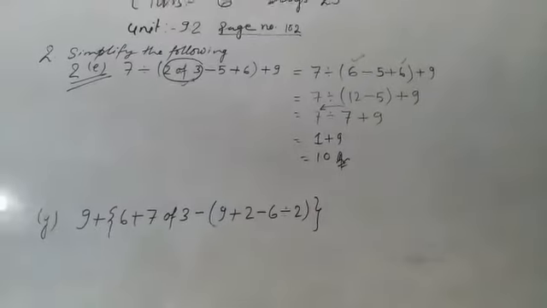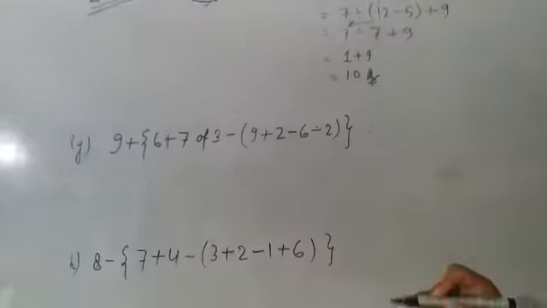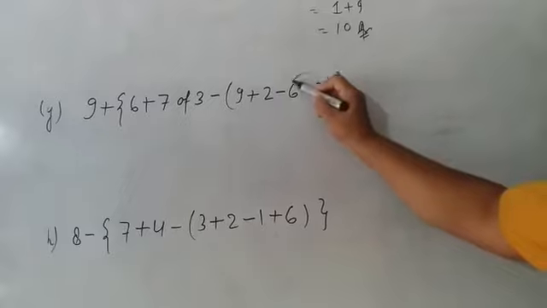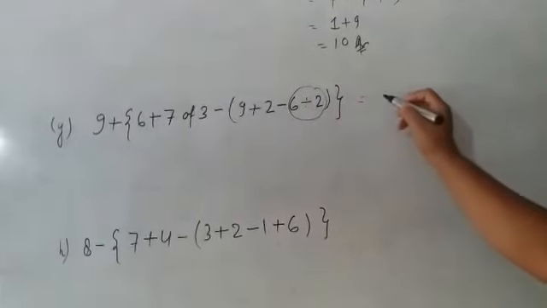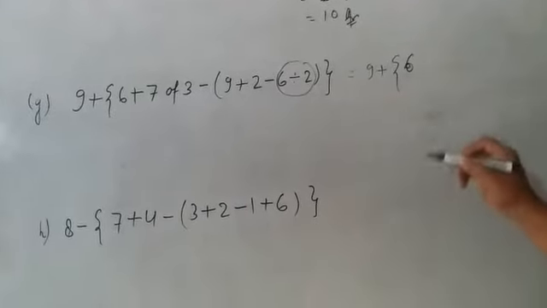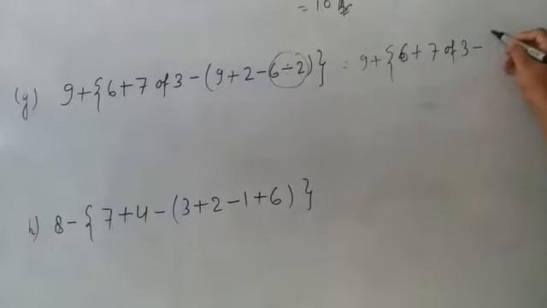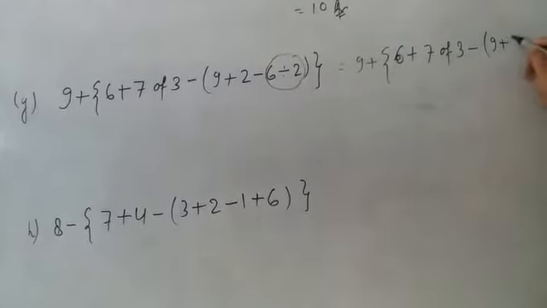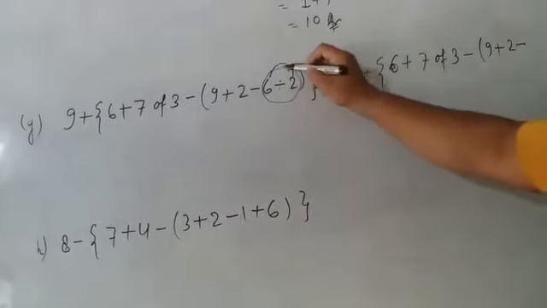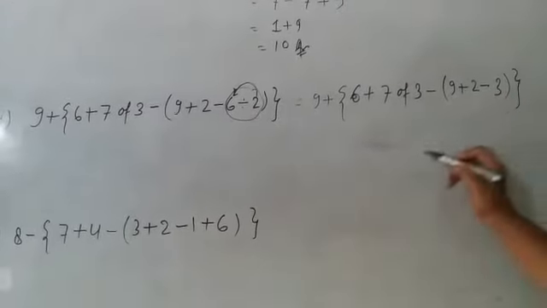Now we solve question number G, 2G. Okay. So now here we simplify at first the small brackets. In small brackets we are doing divide at first here. So other numbers are right as it is. 6 plus 7 of 3 minus small bracket 9 plus 2 minus 6 divided by 2 is, 6 divided by 2 is 3 times. 3 is written down here, small bracket close, curly bracket close.